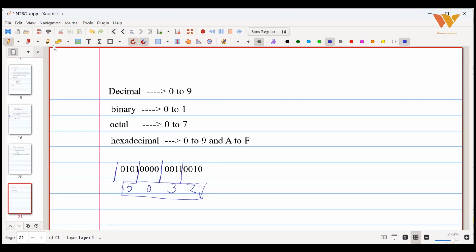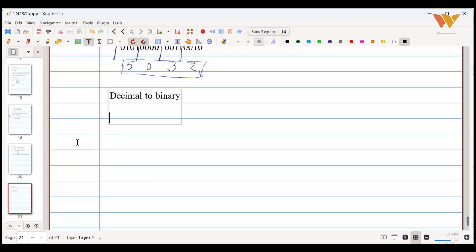This much you guys understood? Okay. Now first we'll do decimal to binary. So let's take the number 125.